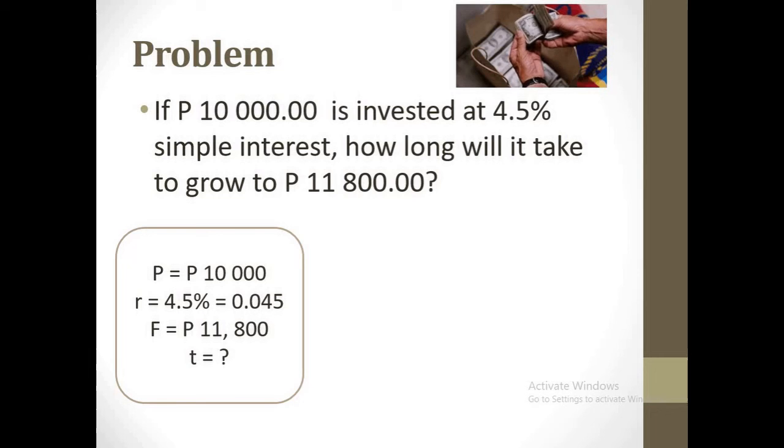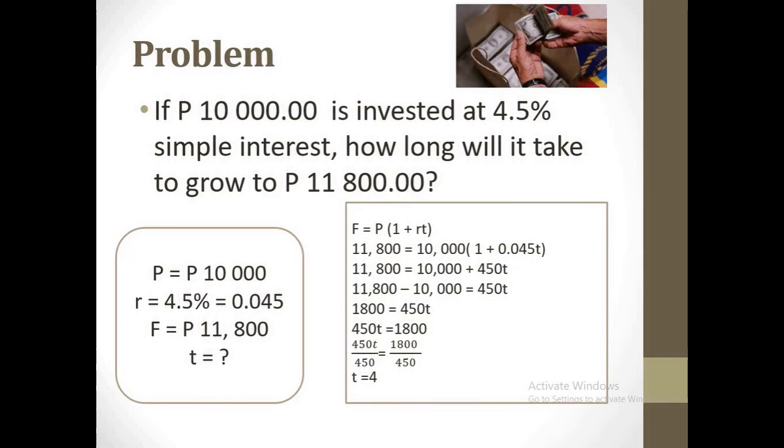The future value or the maturity value is 11,800 pesos. So what we are going to find is the time. F is equal to P times 1 plus RT. So 11,800 pesos is equal to 10,000 pesos multiplied by 1 plus 0.045 T.